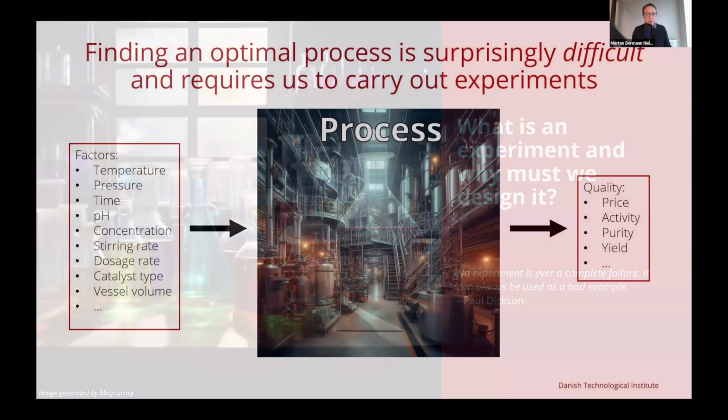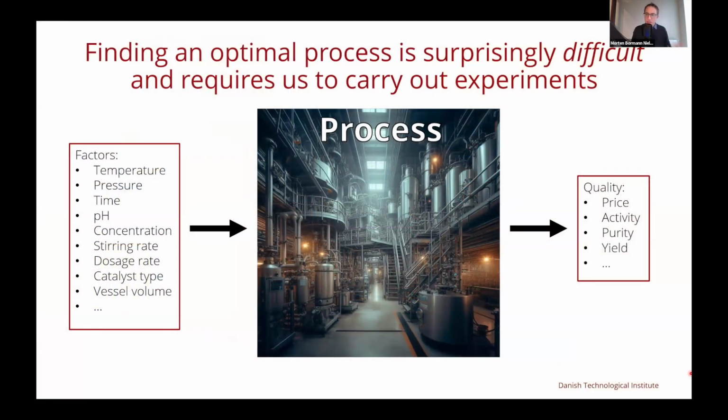The thing is, as I am a chemist by background, I know from hard-earned experience that optimizing processes and finding the optimal settings for something is not easy to do.